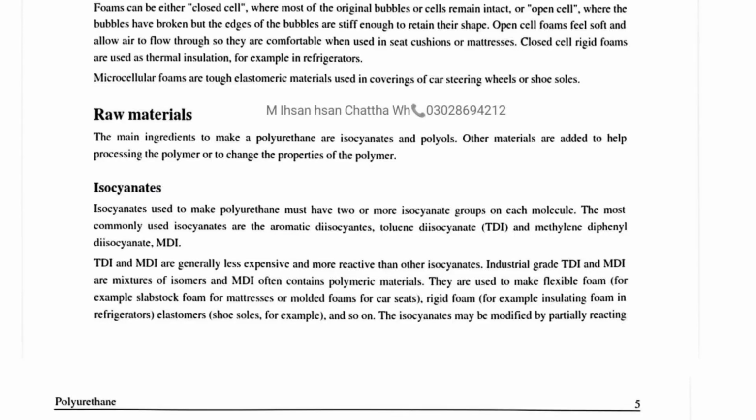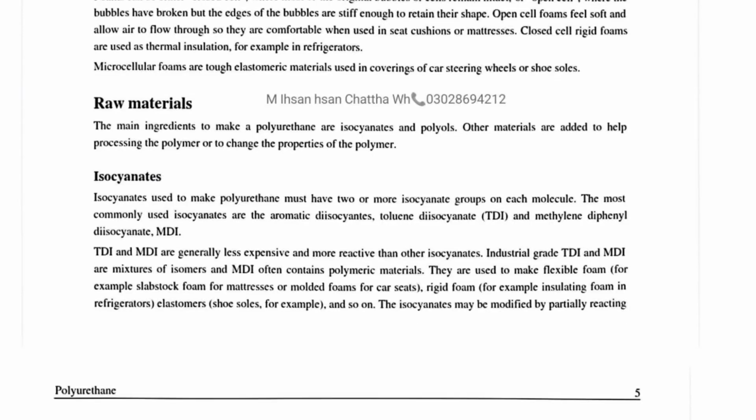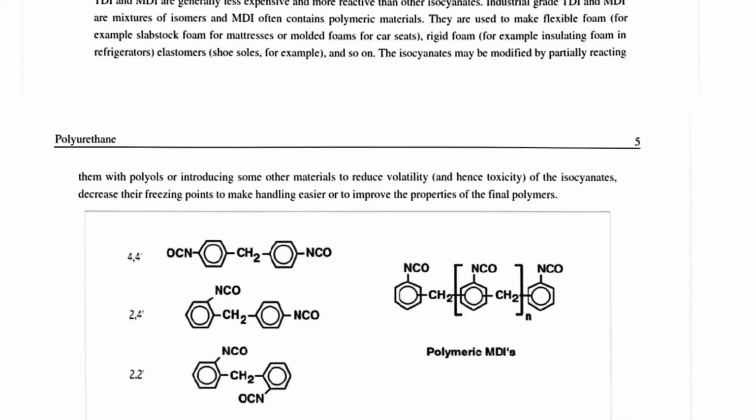Both are less expensive and much more reactive compared to other isocyanates. On an industrial scale, we use both toluene diisocyanate and methylene diphenyl isocyanate in our polyurethane products.